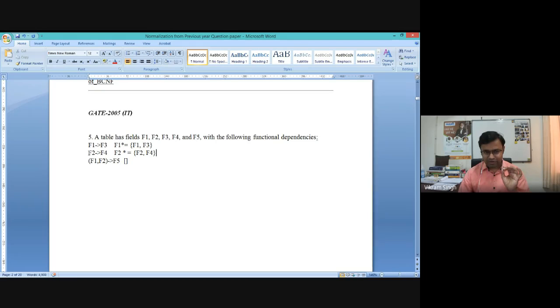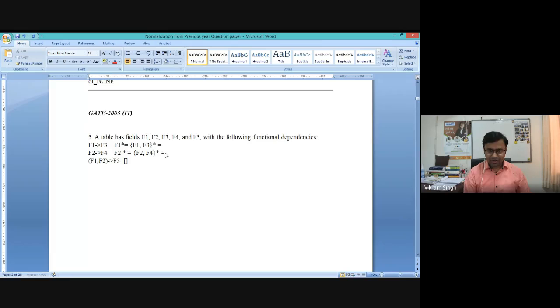Similarly, for FD2, F2 and F4 are accessible, and by taking this intermediate derived closure, I can see the other attributes cannot be derived. So after this, you can go for taking this closure.